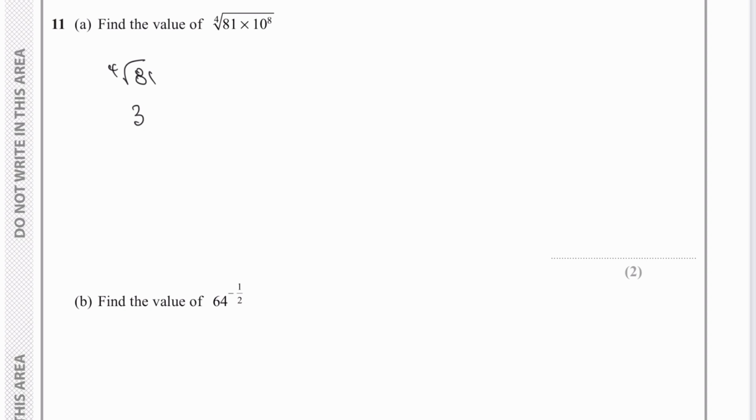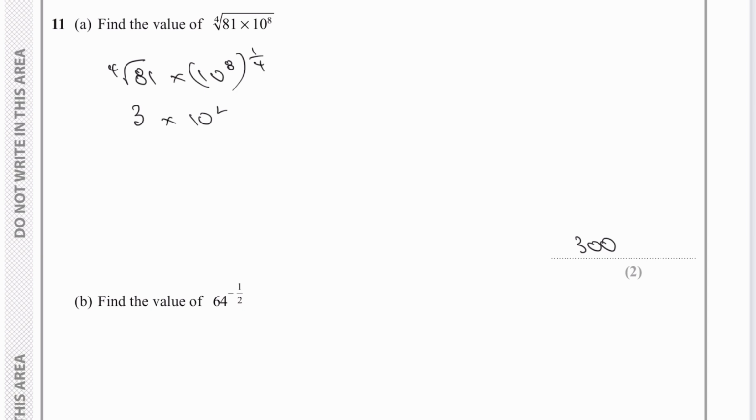And then I've got 10 to the power of 8, and that's multiplied by, I can write the fourth root as the power of a quarter. So 10 to the power of 8 to the power of a quarter is going to give me 10 to the power of 2. And when I then take away the standard form, I can write that as 300, and that would be the answer to question part 11a.